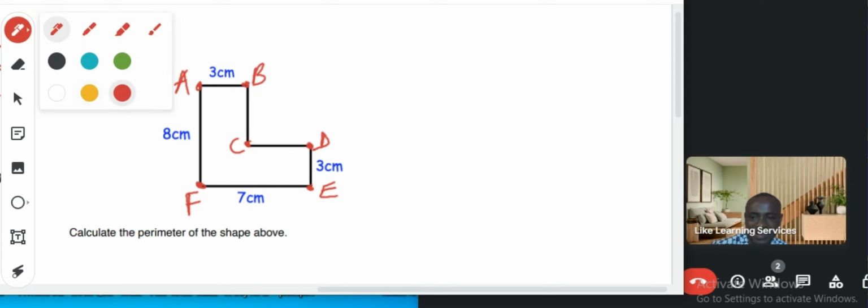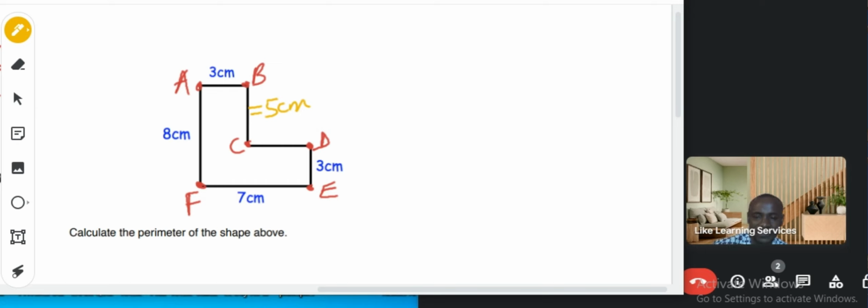How did you get it? Because you said that D to E is 3 centimeters. Oh, you are saying the right thing. The rest is 3 centimeters, so 8 minus 3 is 5.